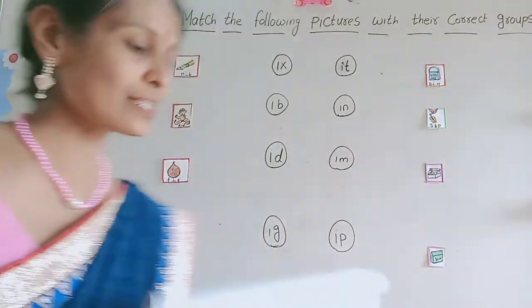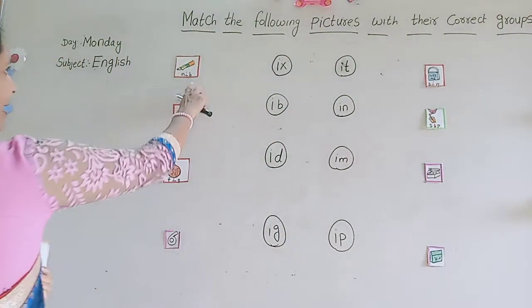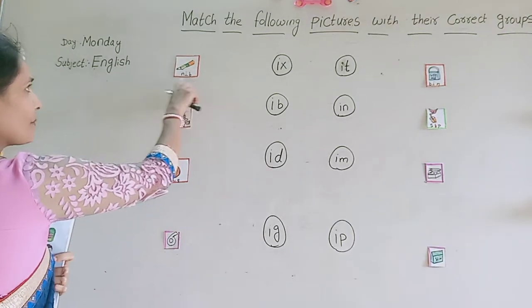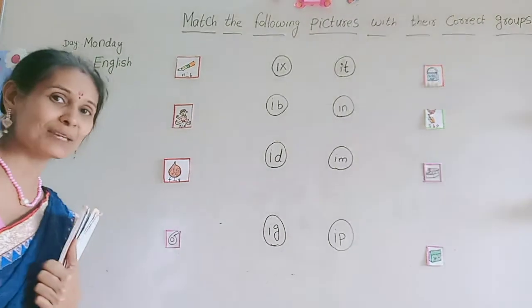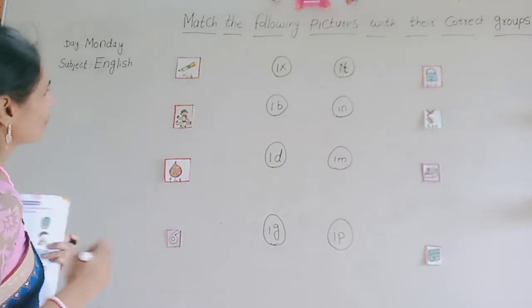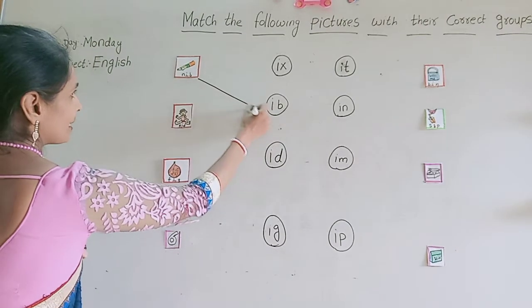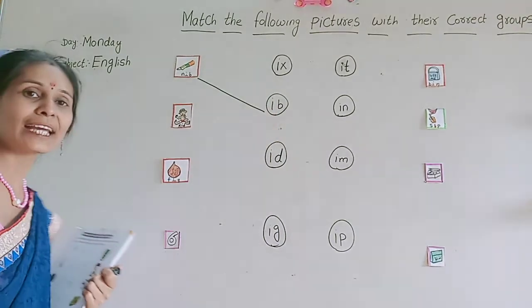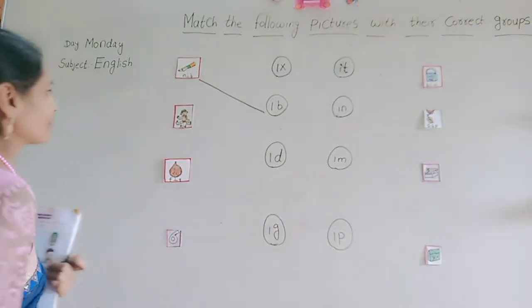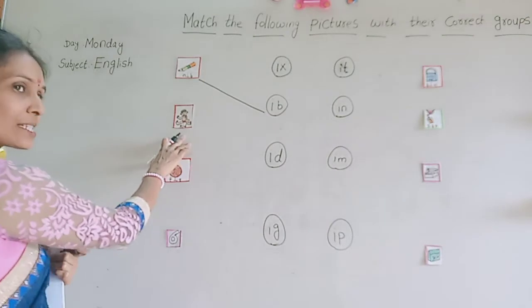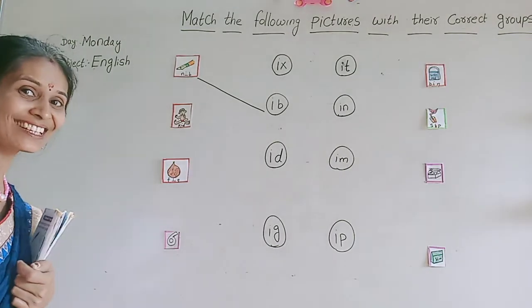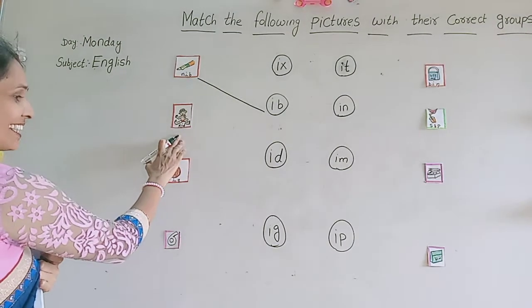At the very first, which picture is this? Identify this picture. This is name. So we will match with IB. NIB, nib. Then identify this picture. This is kid.